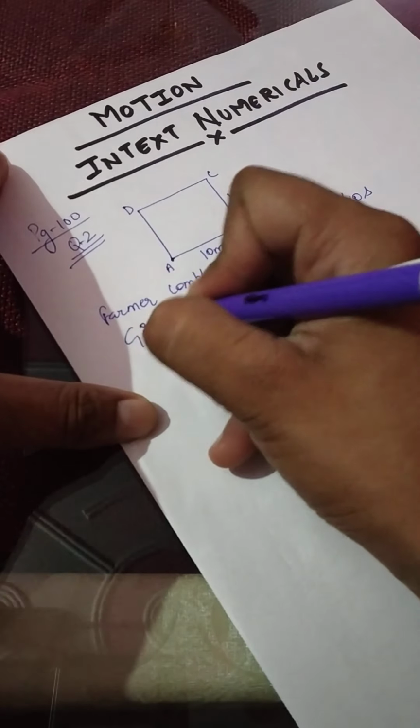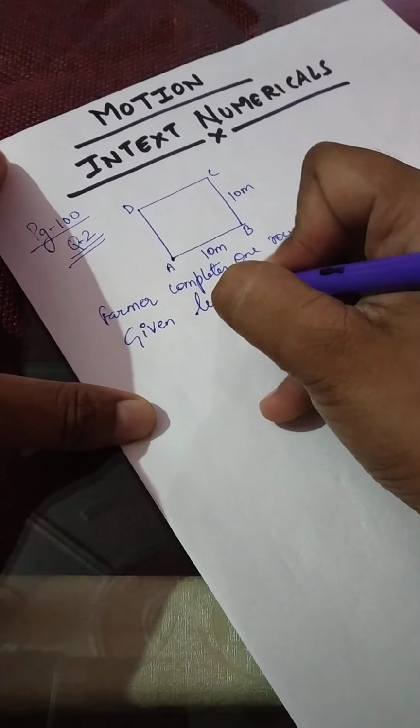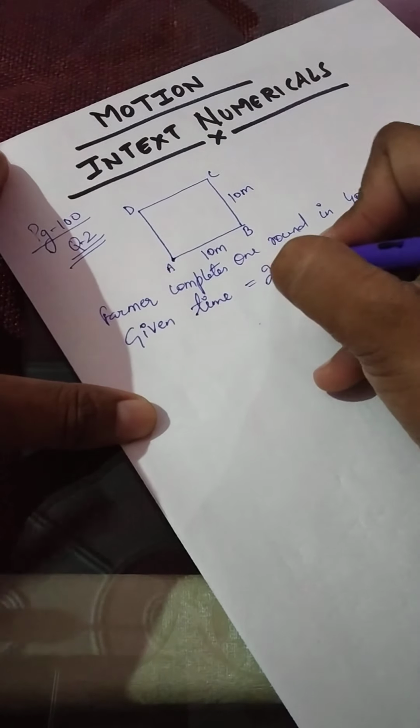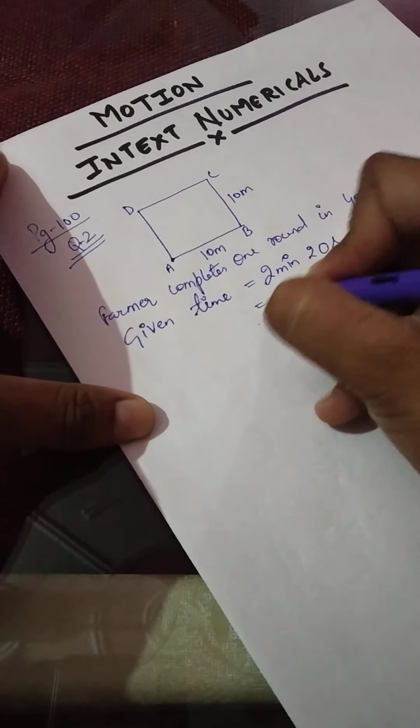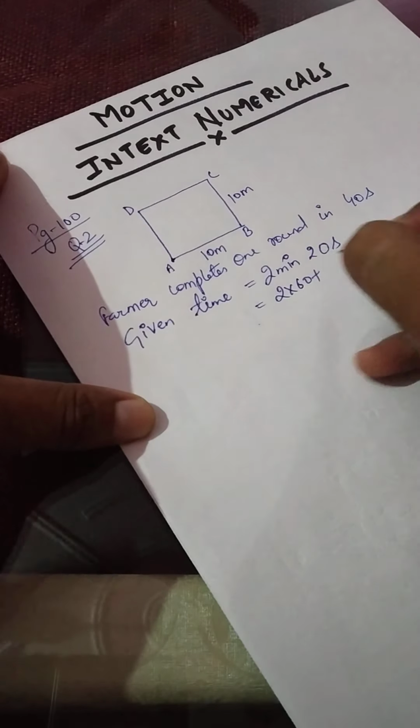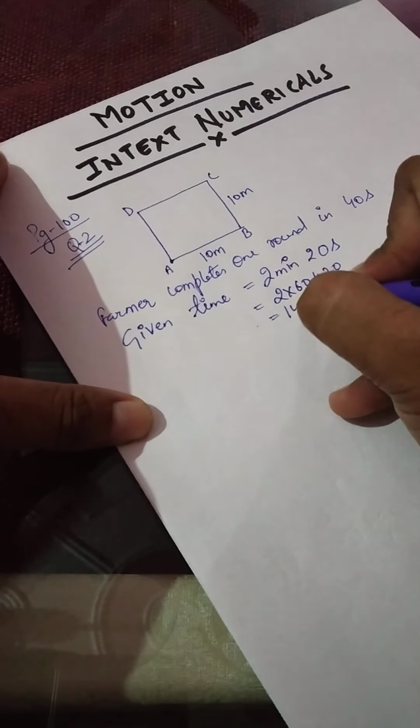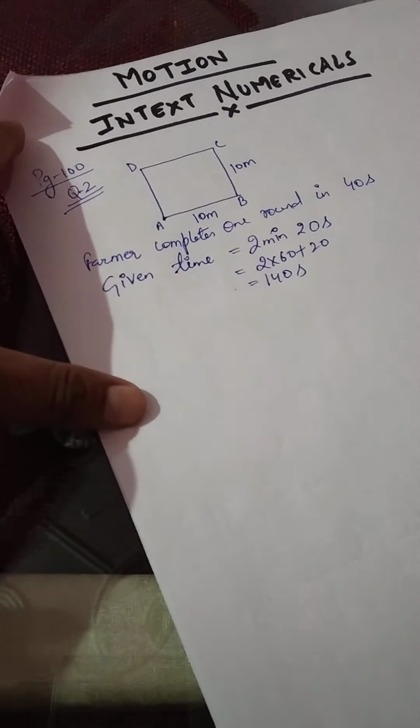Given time is 2 minutes and 20 seconds, which is 140 seconds.